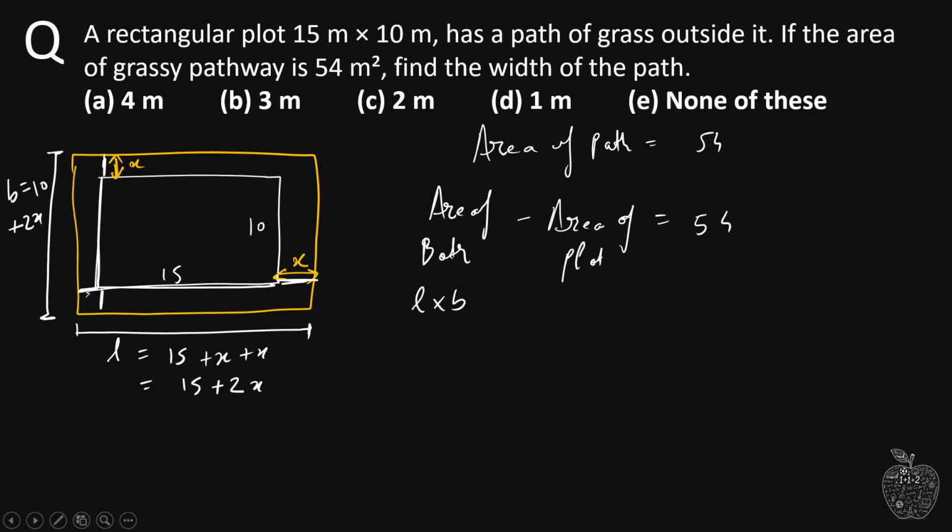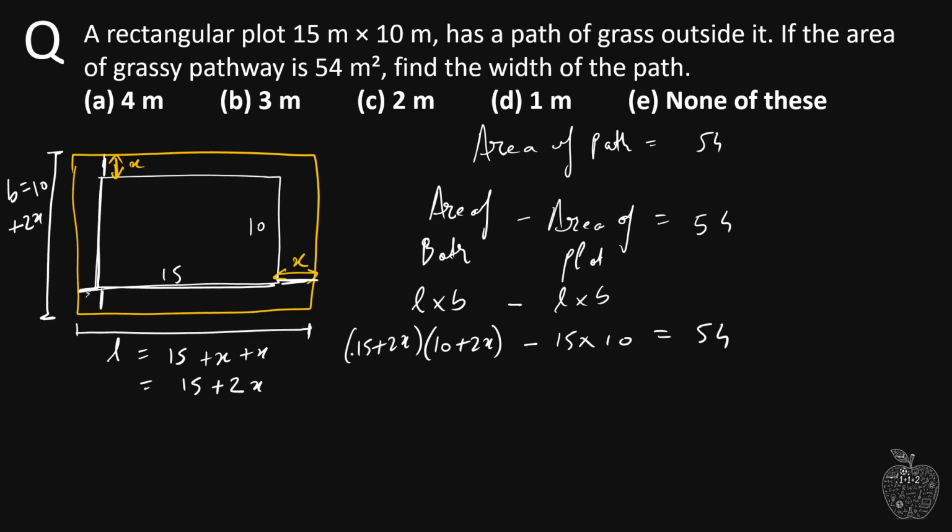So let's substitute it over here. We get length 15 plus 2x multiplied by breadth 10 plus 2x, minus area of the plot. Area of plot is again length into breadth, so minus 15 into 10, and this is equal to 54.